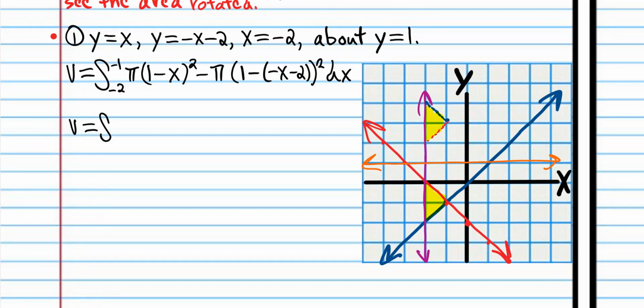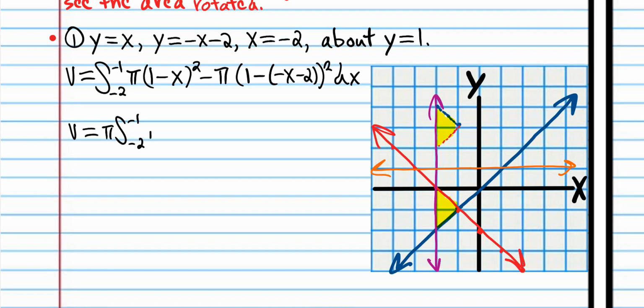So we can take out pi as usual. You don't have to take it out, but it just makes it easier to do the calculations. And I'm going to perform FOIL. And over here, I'm going to simplify the inside part before we expand.